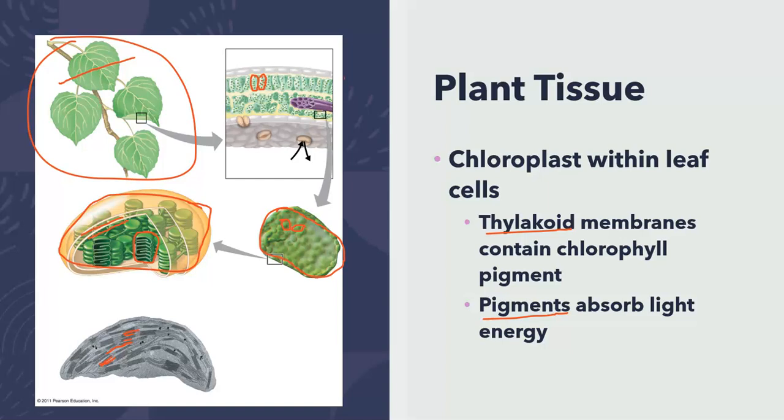If you think about it, glucose is a type of carbohydrate. We eat carbohydrates all the time, and we eat them because our bodies require energy. So carbohydrates provide energy for us. Same thing for a plant. The plant requires energy in the form of food molecules.